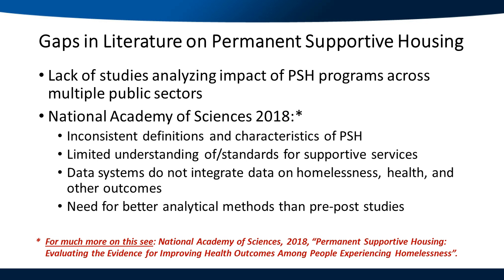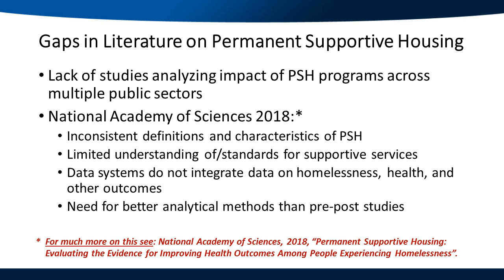Moreover, a study published by the National Academy of Sciences last year, this is a consensus report by the Academy, found other significant gaps in the literature. Most importantly, there seem to be significant inconsistencies in the definitions of what permanent supportive housing constitutes and also the characteristics of permanent supportive housing programs.